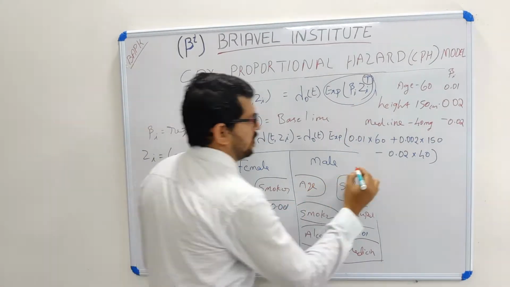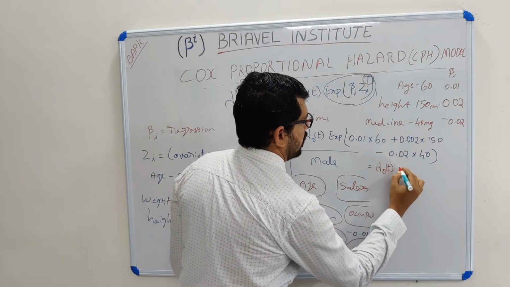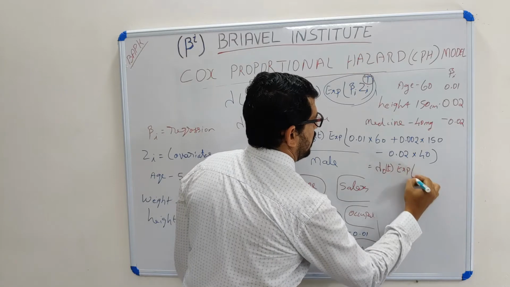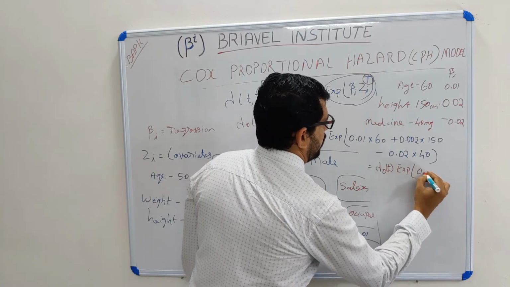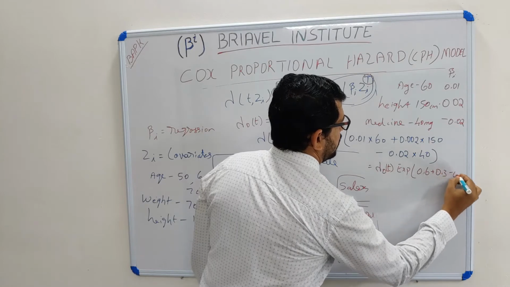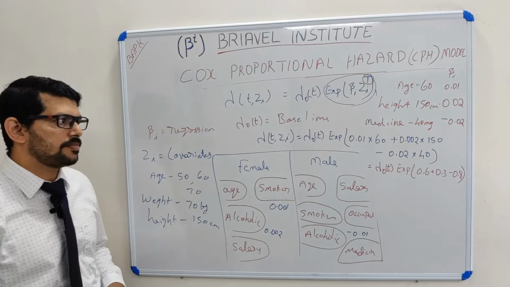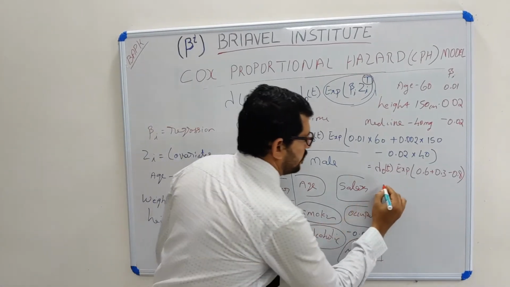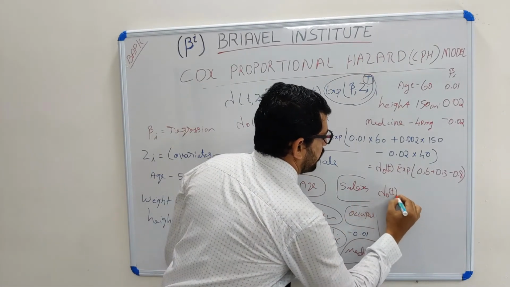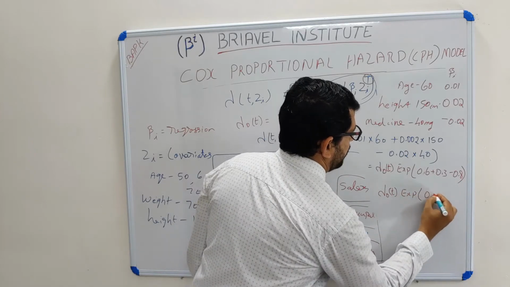So what will be here? It is lambda of t, exponential of 0.6 plus 0.3 minus 0.8. So what will be the value? Lambda 0 of t exponential 0.1.